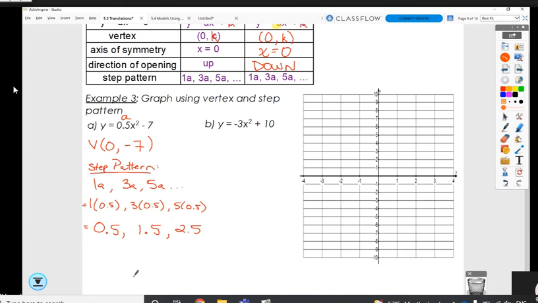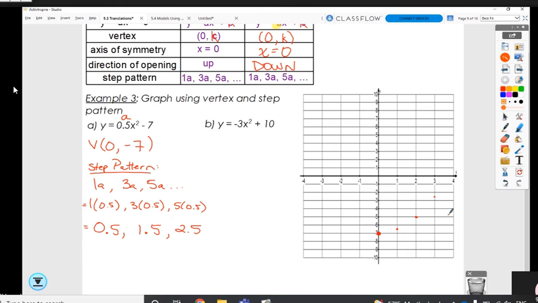So when we graph these, we're going to start at the vertex, which is 0, negative 7, right there. From the vertex, we go over 1, up 0.5. Then from this point, over 1 and up 1.5. Then from this point, over 1 and up 2.5. That's enough points on that arm.